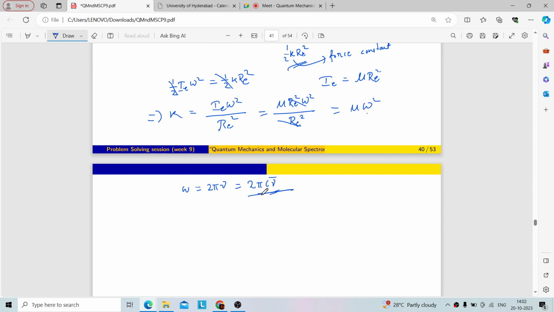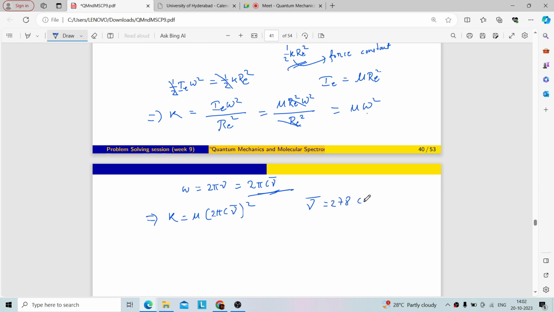So omega will be 2 pi c times nu bar. Now substituting this in the above equation, we will get k equal to mu times (2 pi c nu bar) whole square.